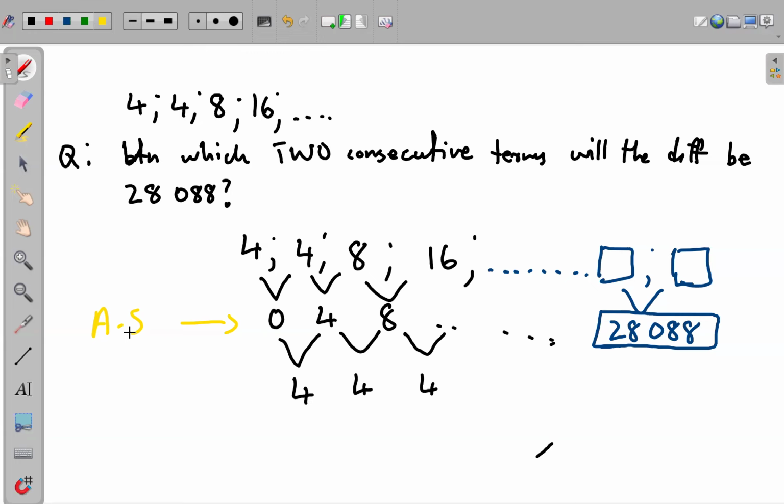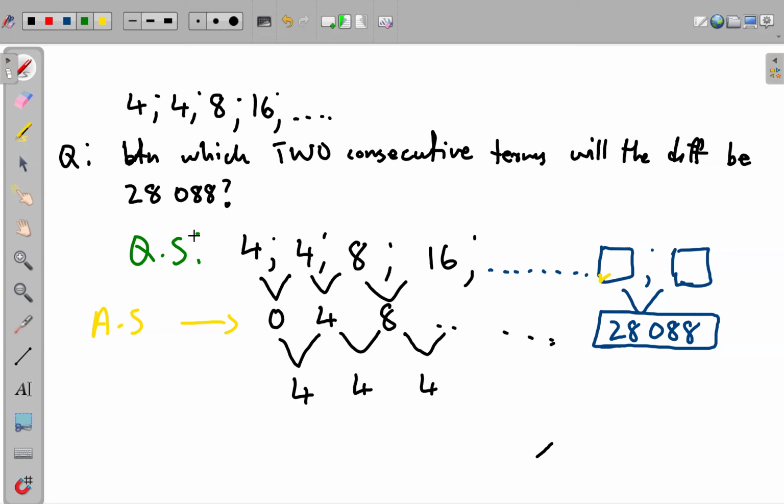It's going to be very tiring, very long. It will take you a lot of time. You will run out of time if you're going to try and manually find the two terms that will give you this difference. That is what I'm trying to say is, if you're going to use the quadratic sequence, it's going to take you really a long time to find out the two terms.